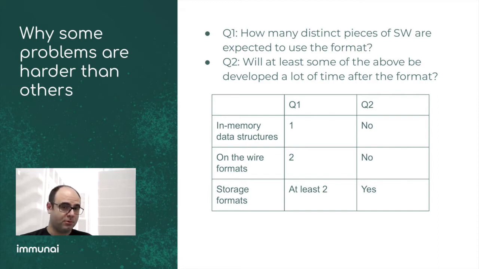However, a storage format is an outlier. So first of all, it's by definition used by 2 pieces of software, and typically it's used by many more than 2 pieces of software. And the reason that we don't even know is because you're storing that data and it's going to be useful only later. And when you do that, you are essentially blind to the kinds of use cases and the kinds of constraints you're going to have by the time people need to use your software.